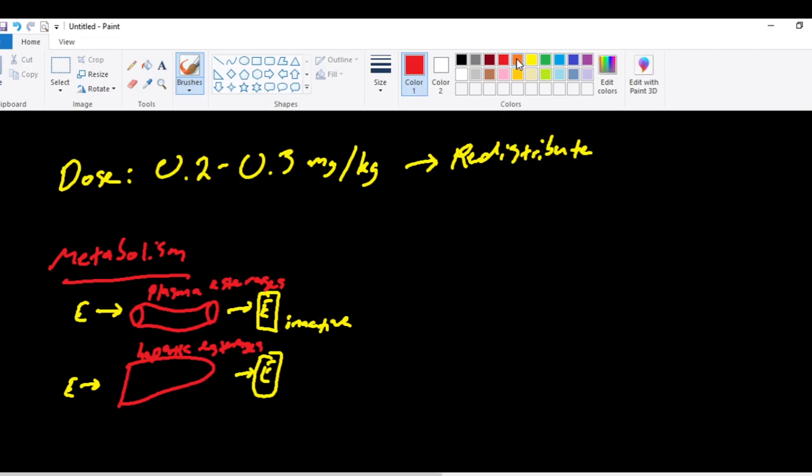The etomidate that gets metabolized into its inactive form will eventually go to the kidneys, where it will be excreted. So metabolism is through plasma esterases and hepatic esterases. Excretion is through the kidneys. One must take caution when using this medication in patients with end-stage liver disease or end-stage renal disease.